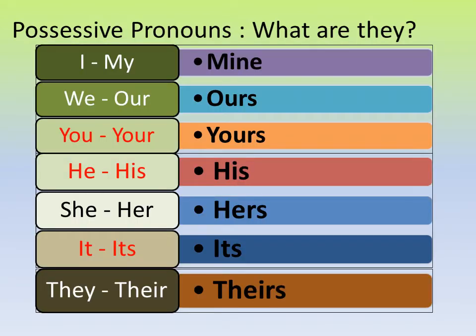Now here you are going to see the direct link between the personal pronoun and a possessive pronoun. Now if you look at this, I, we, you, he, she, it, they are all personal pronouns. My, our, your, his, her, its, their.